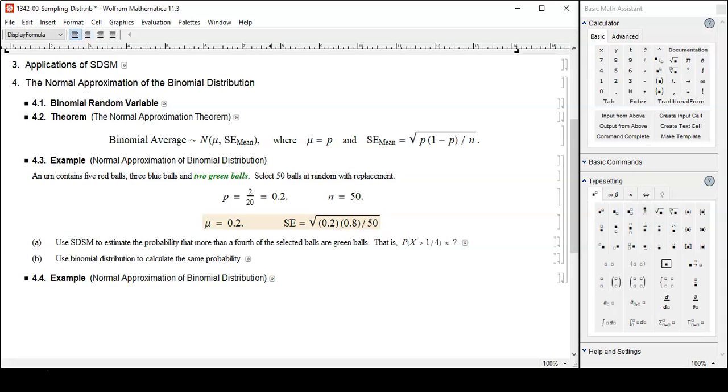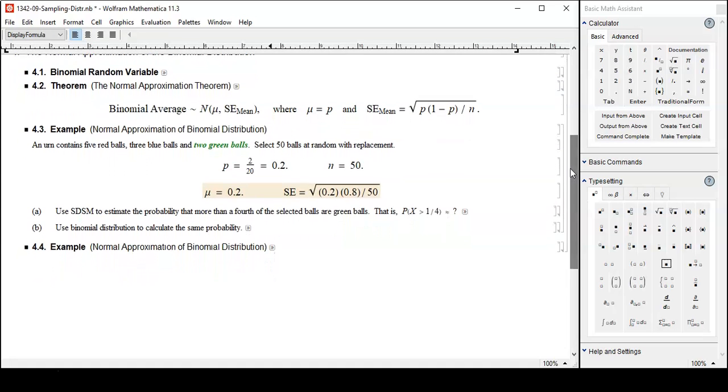That is the standard error, and if you punch it in the calculator, you're going to get something. So we have the mean, and then the standard error, and then greater than 1/4, well, you have the structure for the normal approximation.